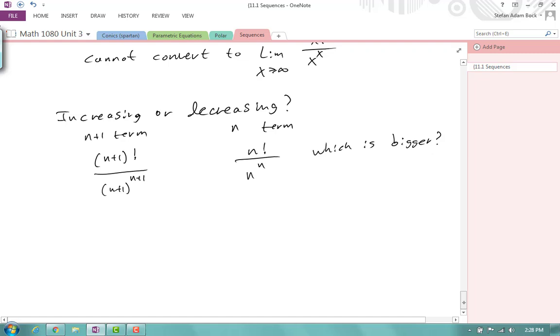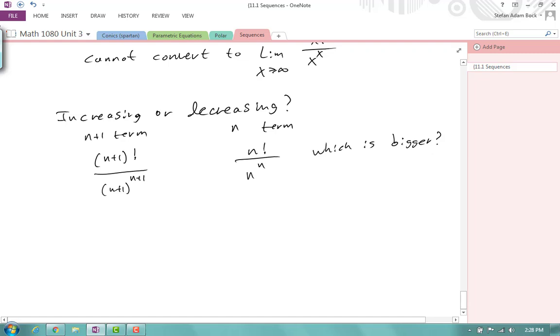If the n plus 1 term is bigger, that will mean my sequence is increasing because it's bigger than the previous term. However, if my n term is bigger, that will mean my sequence is decreasing because the next term was smaller than the previous.